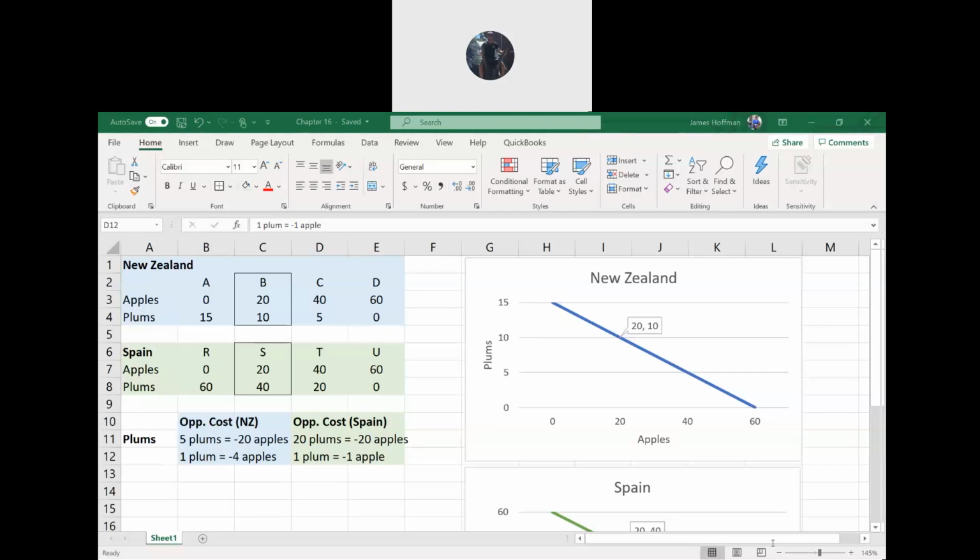By producing plums, Spain is only giving up an apple, whereas if New Zealand decided to produce plums, they'd be giving up 4 apples every time. So basically we've determined that Spain has a comparative advantage in producing plums, and Spain should specialize in producing only plums.